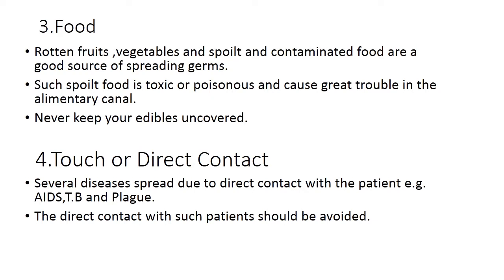So rotten fruits, vegetables, and spoiled and contaminated food are all good sources of spreading germs. Such spoiled food is toxic or poisonous and causes great trouble in the part of your digestive system which is called the alimentary canal. So never keep your edibles uncovered. It keeps your food protected from flies or some microorganisms which are not seen by the naked eye.